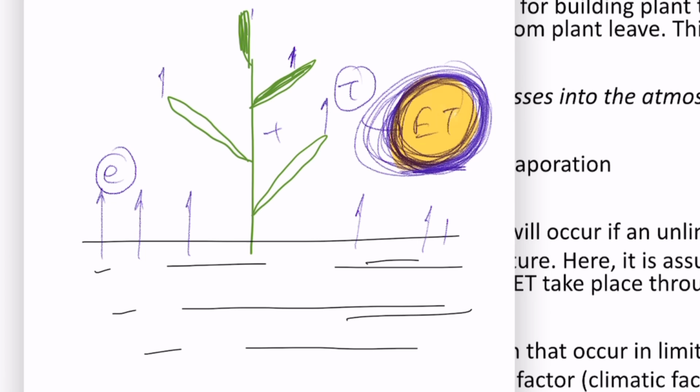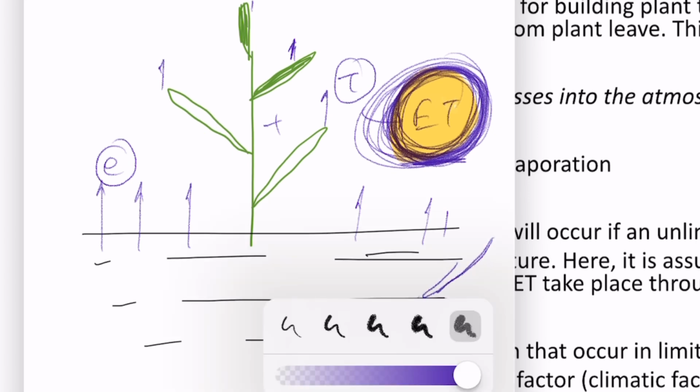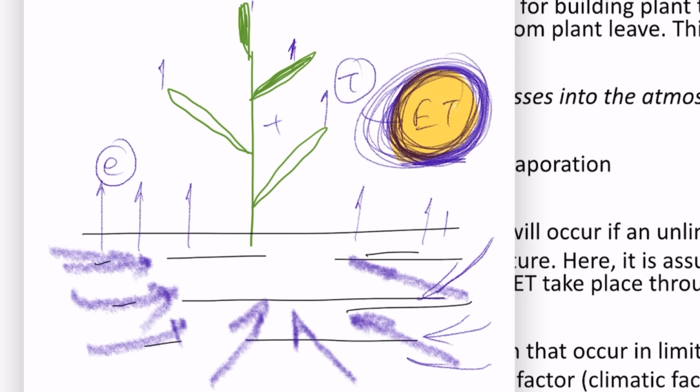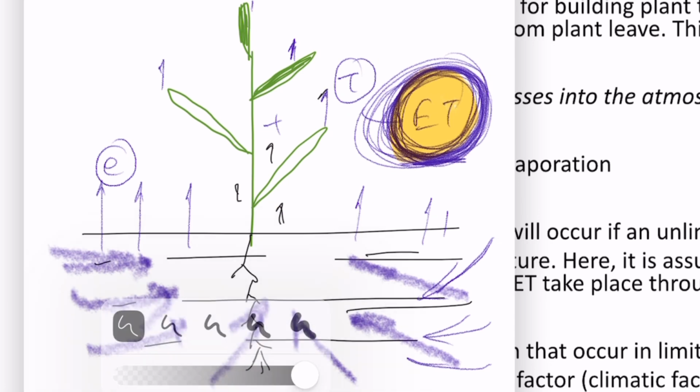Now, if we supply an unlimited quantity of water to the soil, the roots of the plant absorb this moisture in the soil and fulfill its nutrition value, and then discard the excess quantity of water through the transpiration process, right?